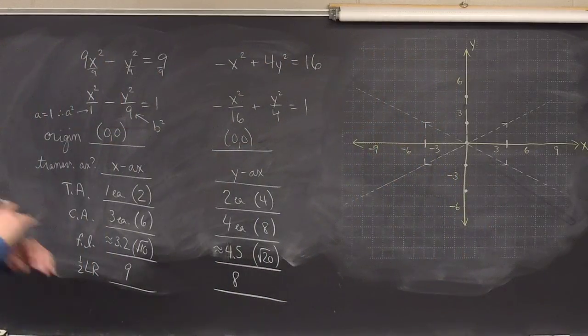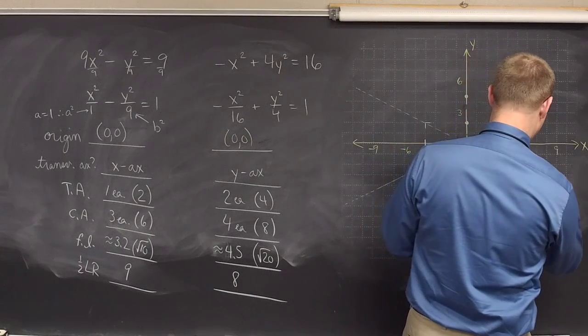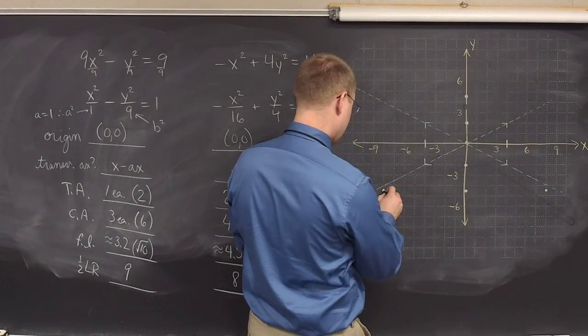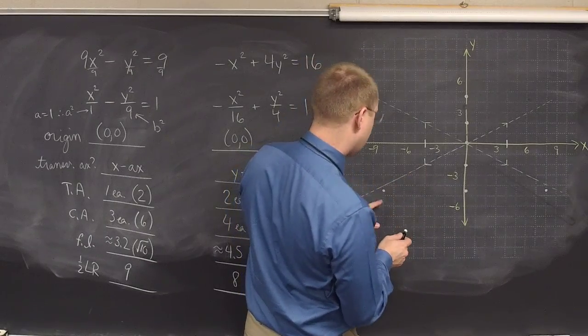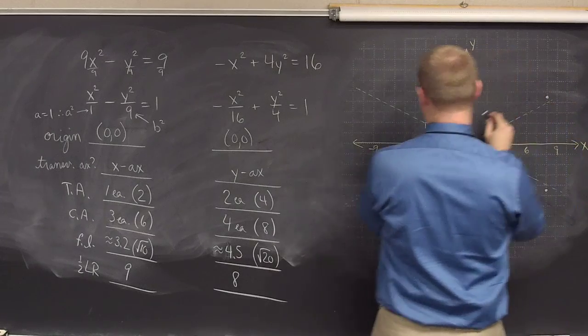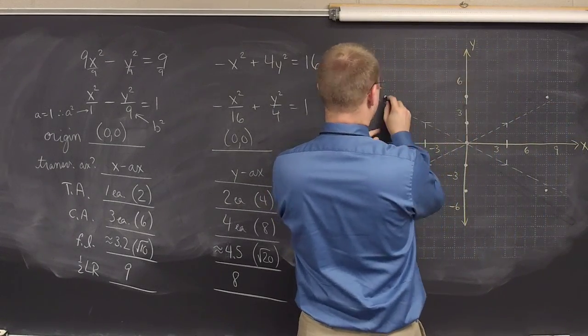Then through the foci, perpendicular to that transverse axis extended, we're going to go outward 8 in each direction. And that's going to take us, again, pretty close to our asymptotes. If they're close to the asymptotes, it makes it flatter.